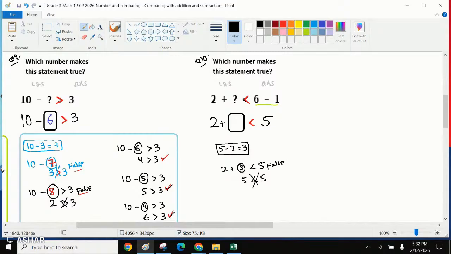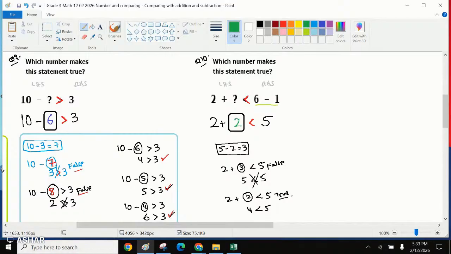Agreed? But if we take a number that is less than 3, if I take a number 2, that means 4 is less than 5. Agreed? That means this is a true statement. So that means we can take any number that is less than 3.